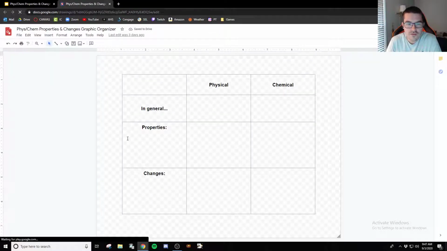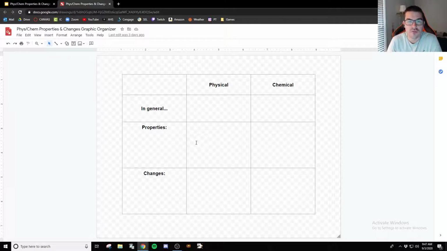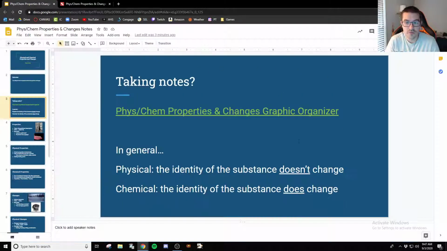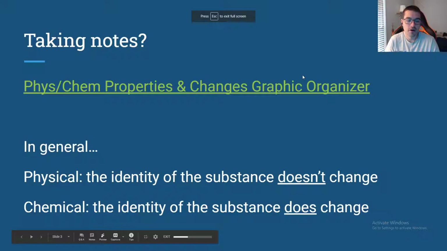So it's just a table, okay? And this will help you if you are going to write some things down. If you can make a table that looks kind of like this, this is going to help you organize all of the things that are in the notes today, okay? But like I said, this is not a mandatory thing. It's just really if you want to. Having access to the slides themselves is probably good enough.